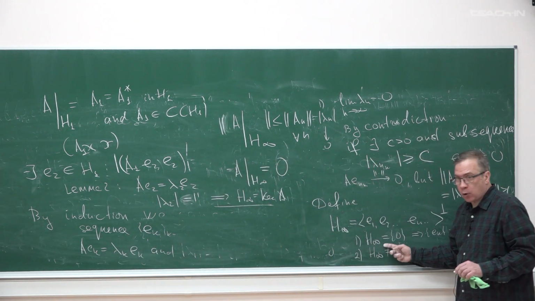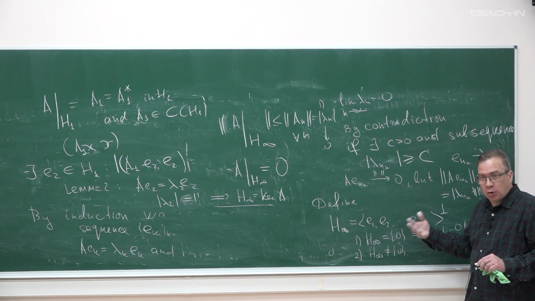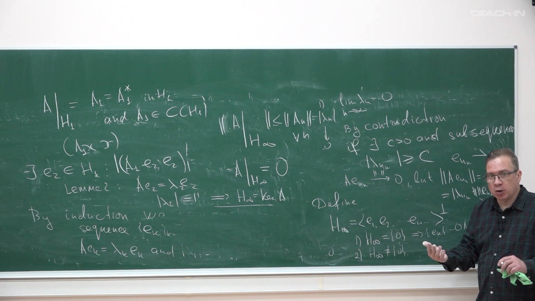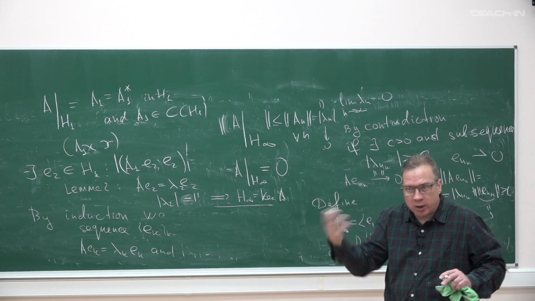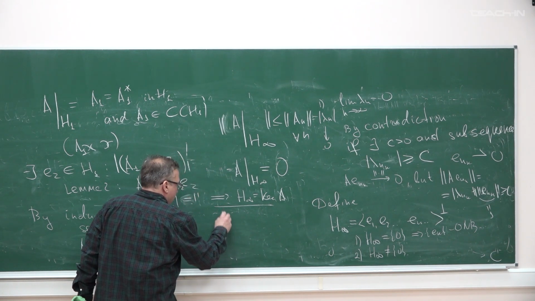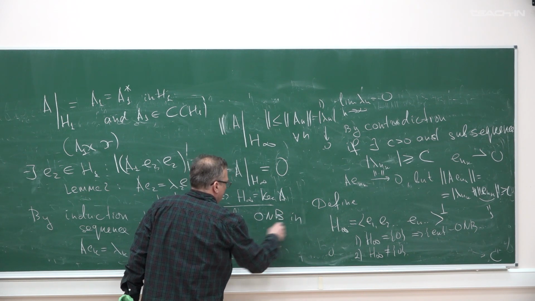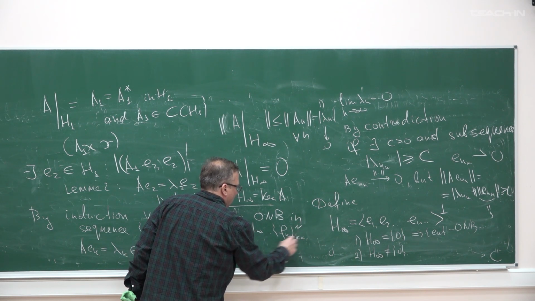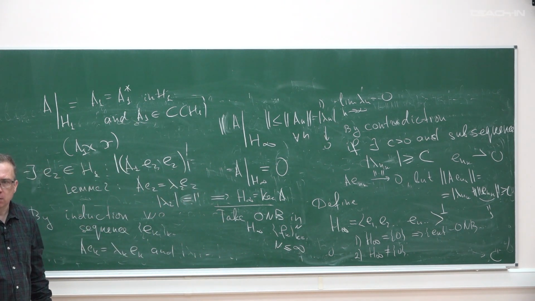Maybe the first or second opportunities. So if we have no non-trivial kernel, we obtain this situation. If we have a non-trivial kernel, we obtain this situation. And this subspace can be finite or infinite dimensional. So take an orthonormal basis in H infinity, Fk, with k up to n, a finite or infinite number.